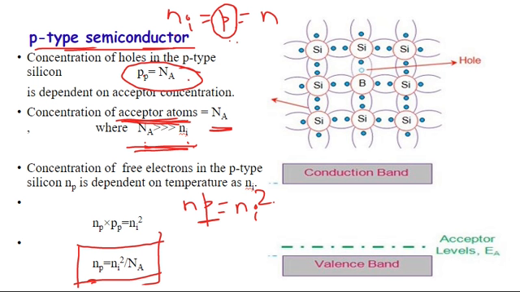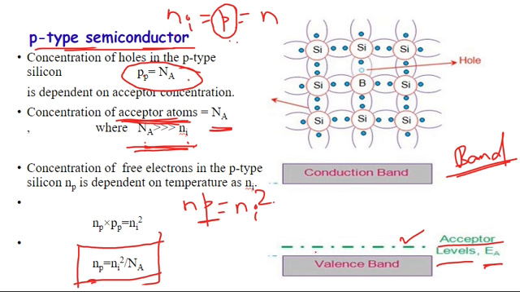One important view is the band diagram. Here you can see a valence band and a conduction band and one extra energy level, called the acceptor energy level, represented as Ea, and it is nearer to the valence band because it is devoid of electrons.